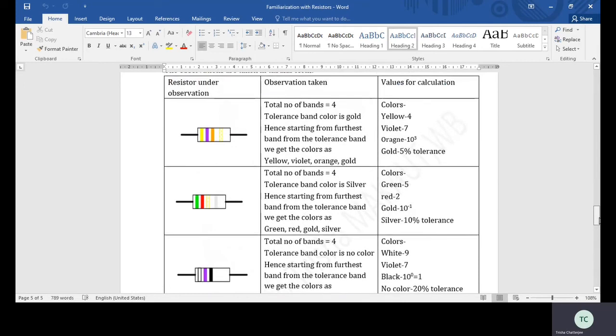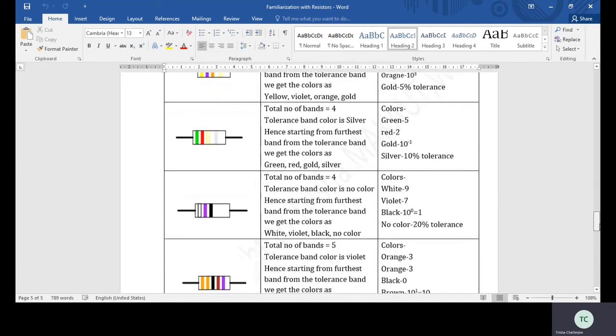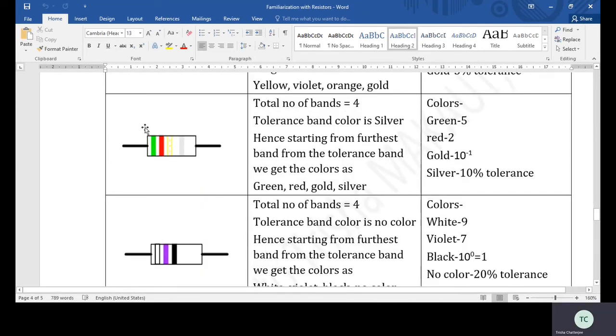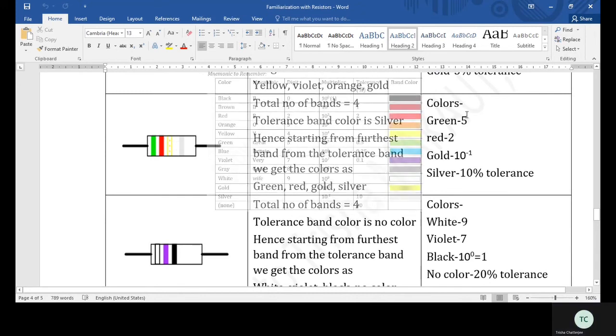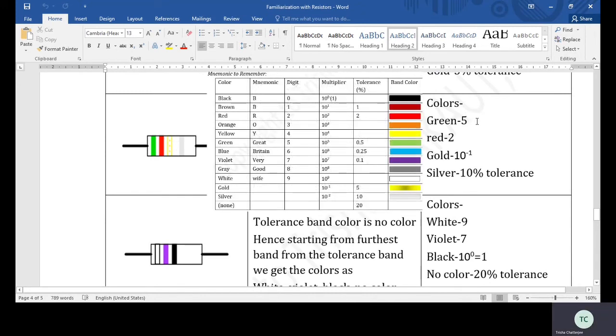So the second observation, starting from the first band, is green, then red, then gold, right? The gold and the silver. So the green color, how is it coming? I have already taught you that the green color comes first, then the gray color, right? So the Great Britain, the Great will be our green.